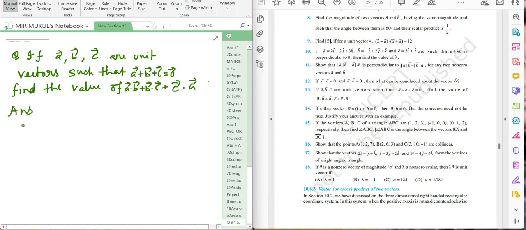Now see its answer. Here the condition is given: A plus B plus C equals 0 vector.